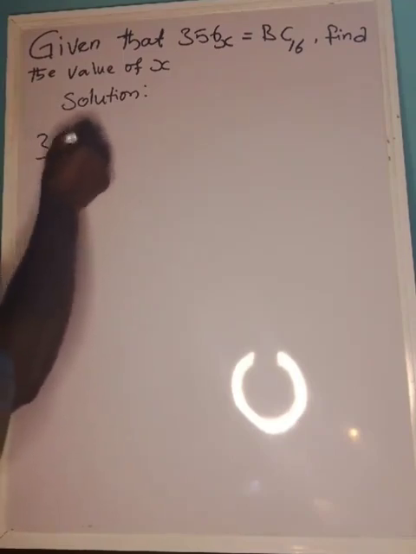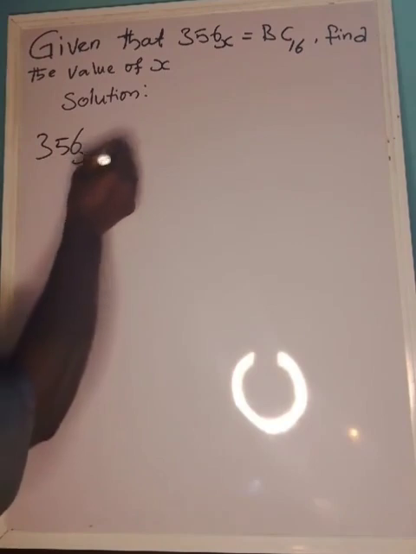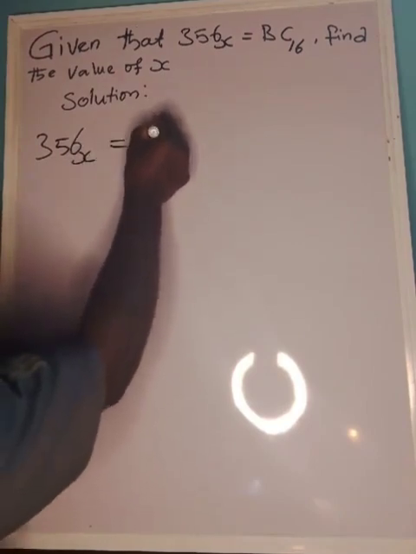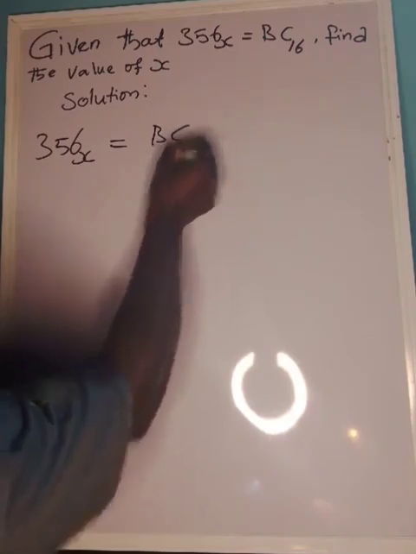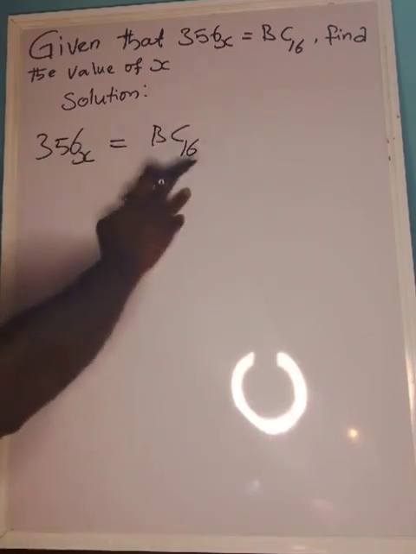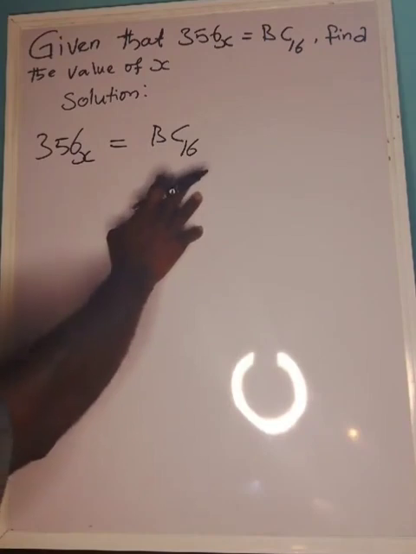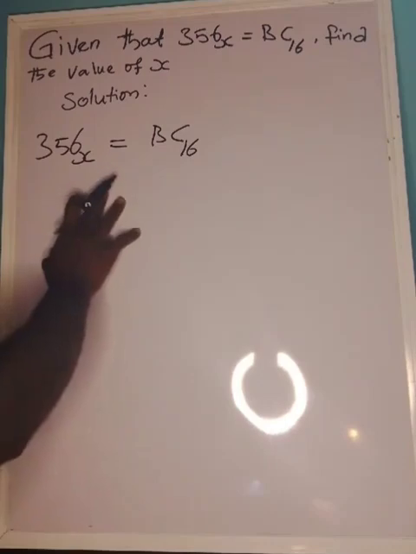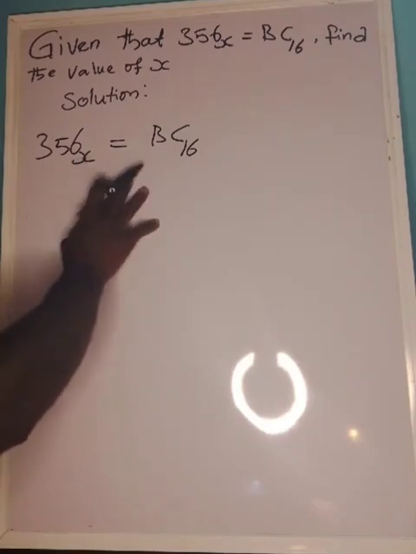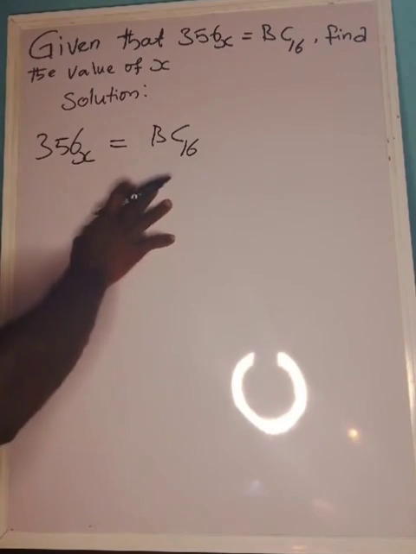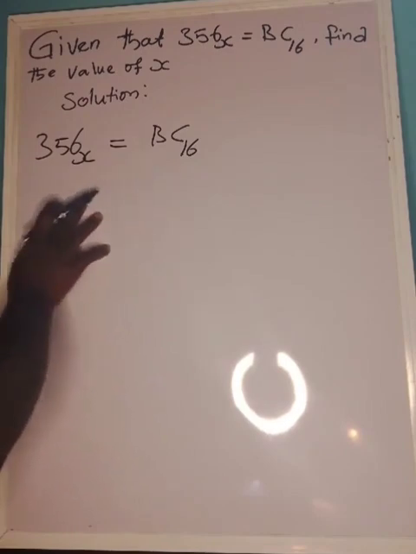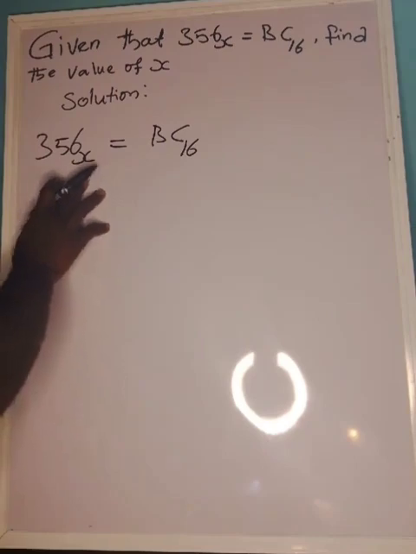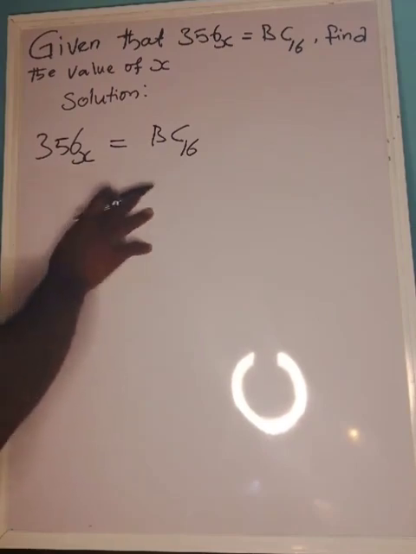3, 5, 6 in base x is equal to BC in base 16. Already I said the number on the right hand side is in base 16. When you want to expand the number that is written for you, you are going to multiply each digit by the power of the base that you have been given.